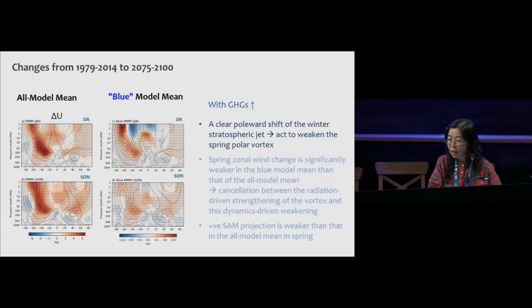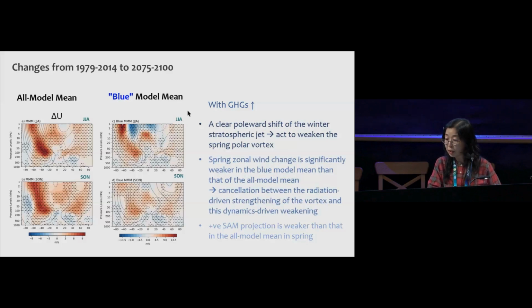In comparison, the blue model mean projects a clear poleward shift of the winter stratospheric jet that would act to weaken the spring polar vortex, according to our understanding discussed here so far.